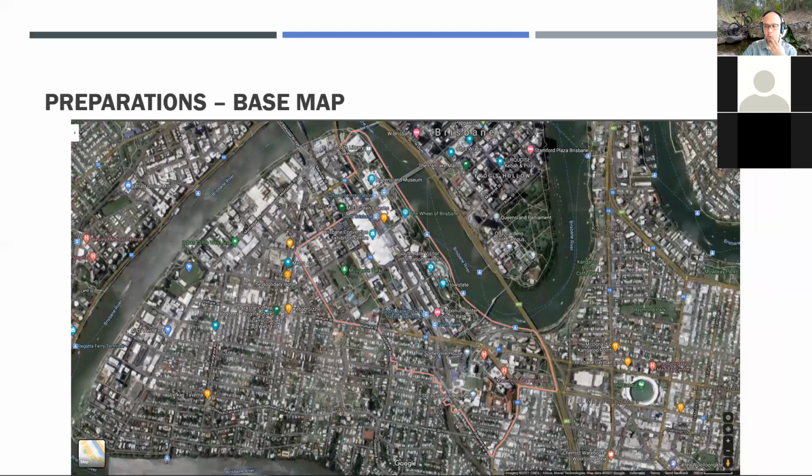Rectified aerial photos. I took this from Google Maps because that's the map that most people are familiar with. Google Maps, if you switch on the satellite imaging layer, counts as a rectified aerial photo.